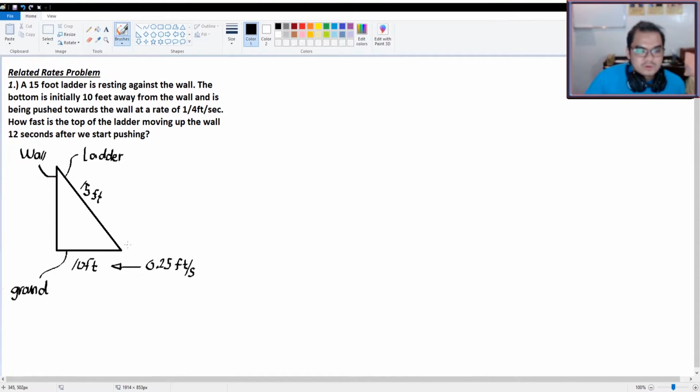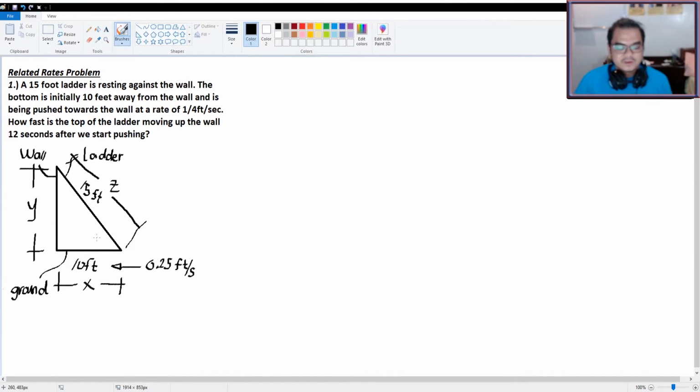How fast is the top of the ladder moving up the wall 12 seconds after we start pushing? Of course, if the ladder is being pushed towards the wall, let's call this part x, and let's call this part y. Since that is the y-axis, this is the x-axis, and let's say that this is our z.